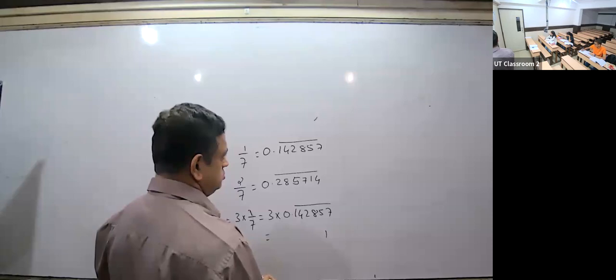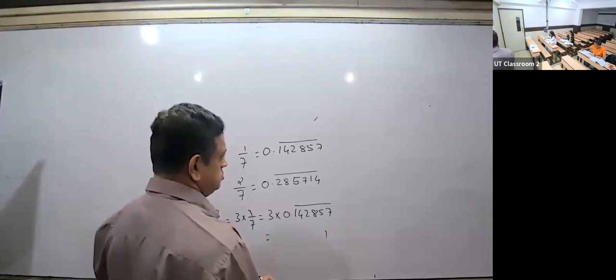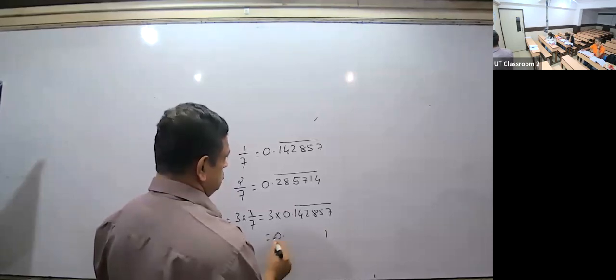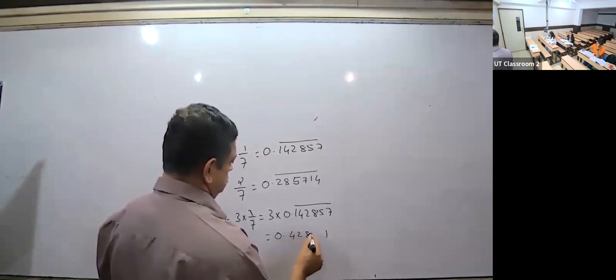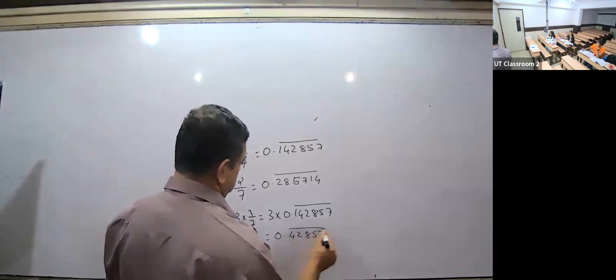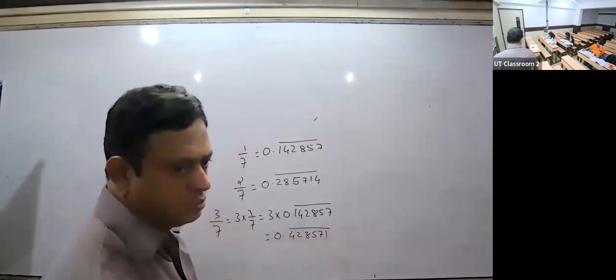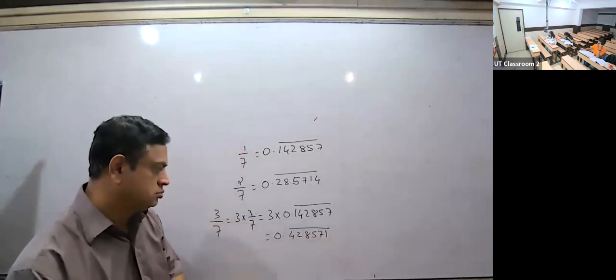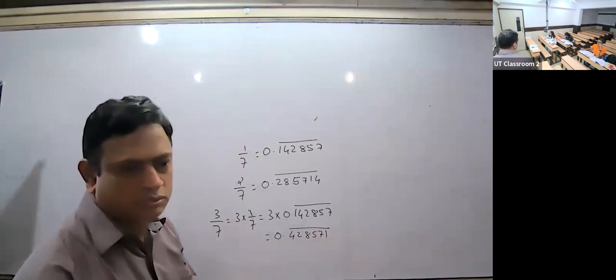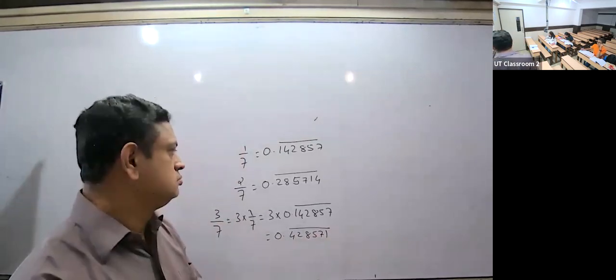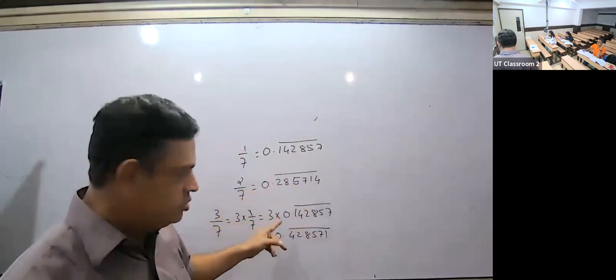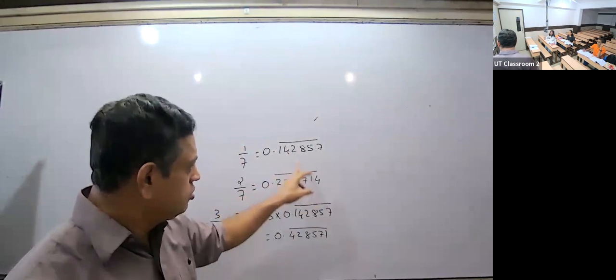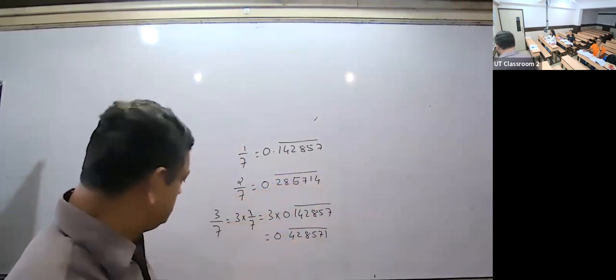We get 0.428571. Now look, all are the same digits only.